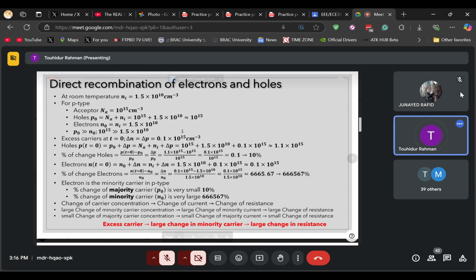I think I have done it in the class, but the conclusion is the percentage change of minority carrier is very much larger than the percentage change of majority carrier. So although the electron hole pair (EHP) number is the same, the change of minority carrier is much larger than the change of majority carrier.